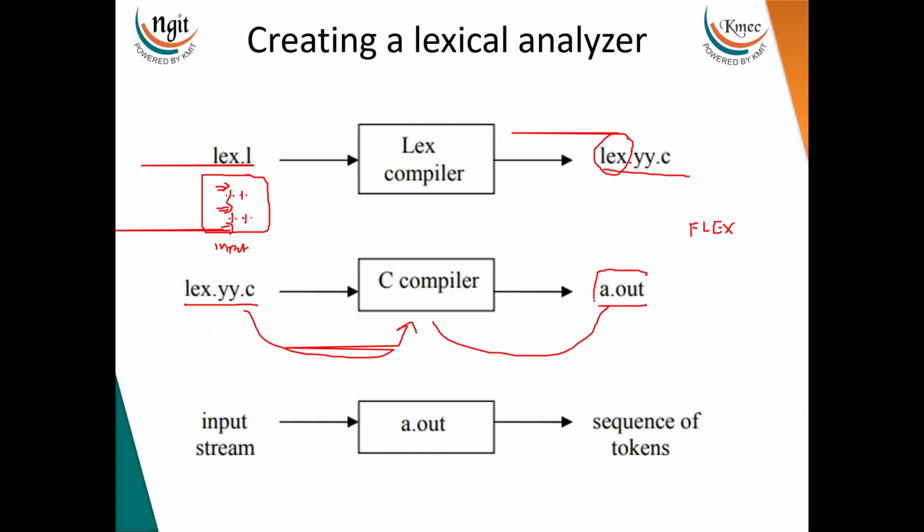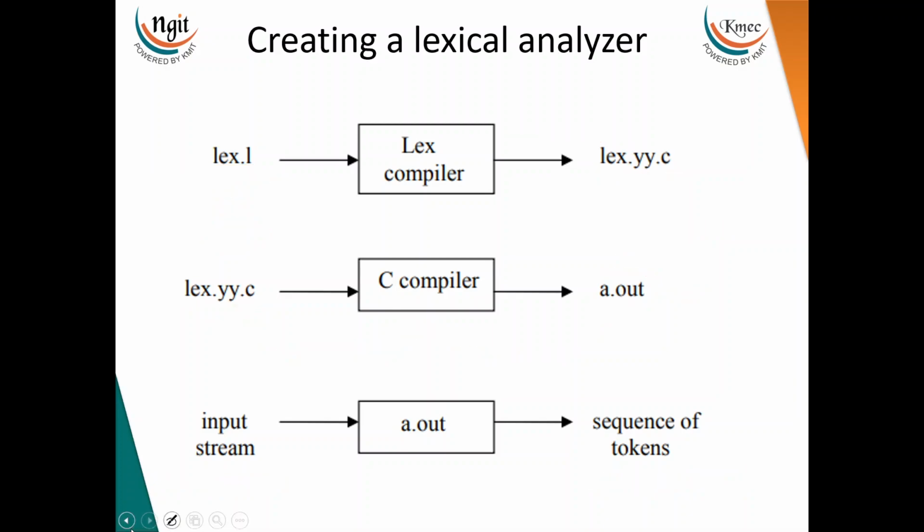This a.out is nothing but the lexical analyzer. Now give some input string to a.out, like a plus b star c, and it will give you id, operator, id, operator, id as the output. This is how the lexical analyzer is generated.